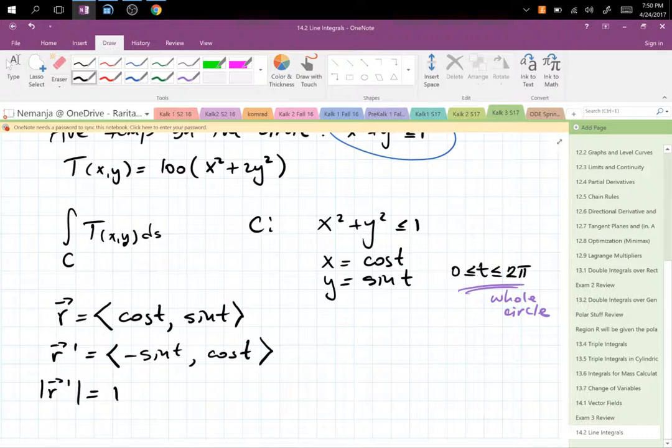Yeah, sine squared plus cosine squared, right? And then square root of 1 is 1. So we have that. And all you need to do now is plug everything in.